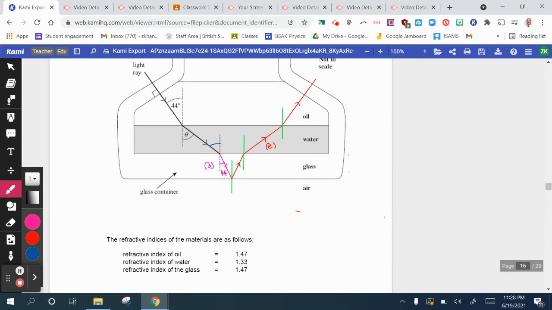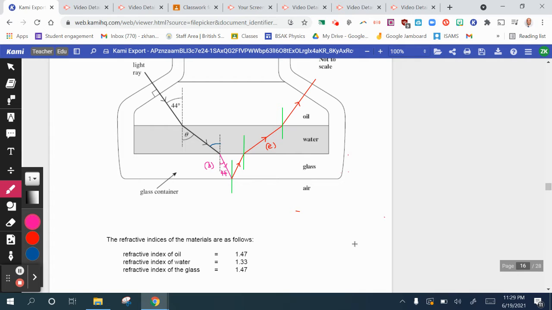So let's have a look. This here is part B. The light leaves the water here and enters the glass. Because you're going from water, low refractive index, to glass, high refractive index, light slows down a little bit more in glass compared to water.